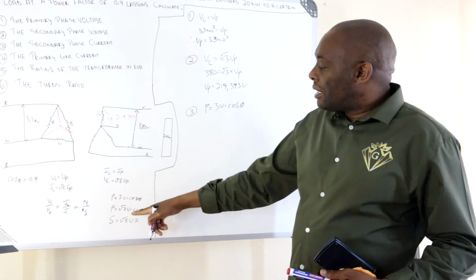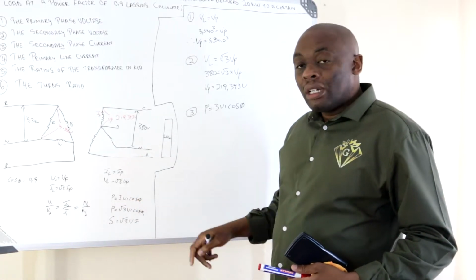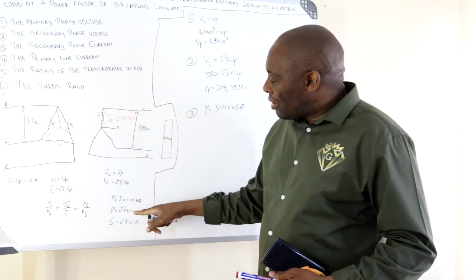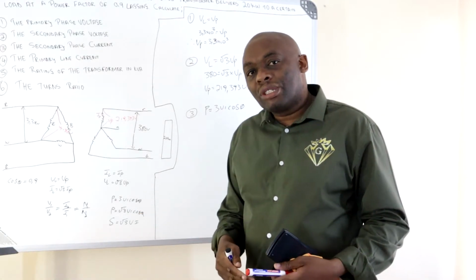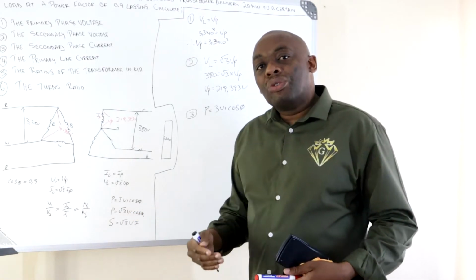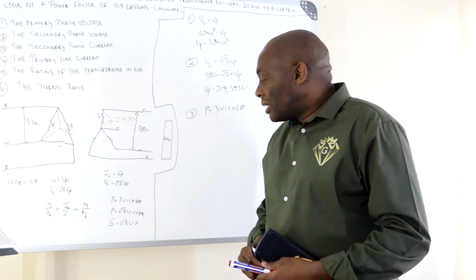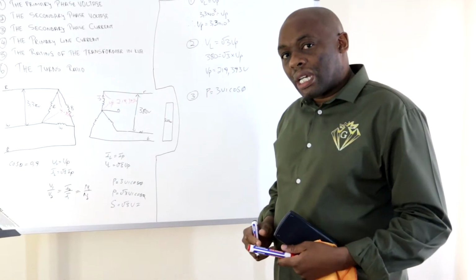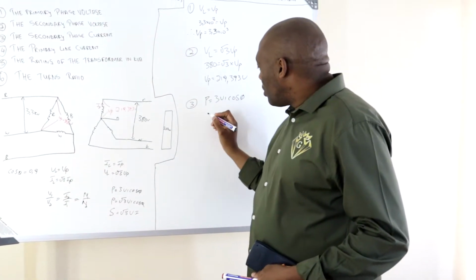Remember, I said that if we are using this formula, then you use your phase values. If you are using this other formula, you use your line quantities. That's the difference between these two formulas. We will apply both of them so that we can see if we get the same answers. So let's go here.